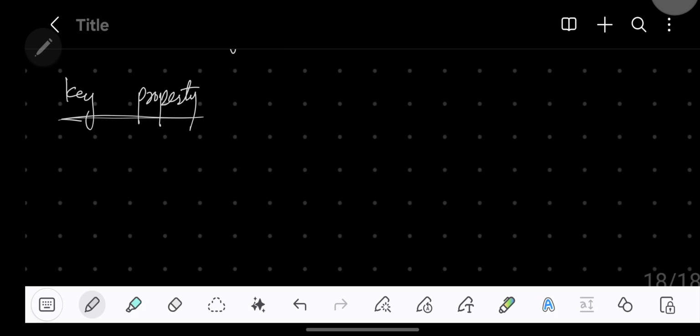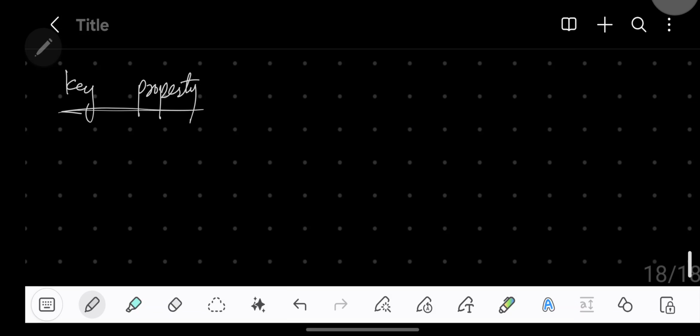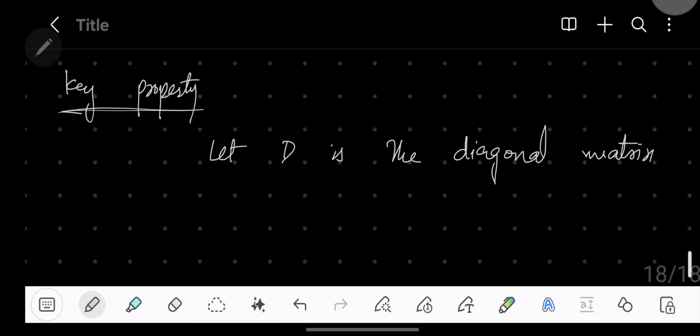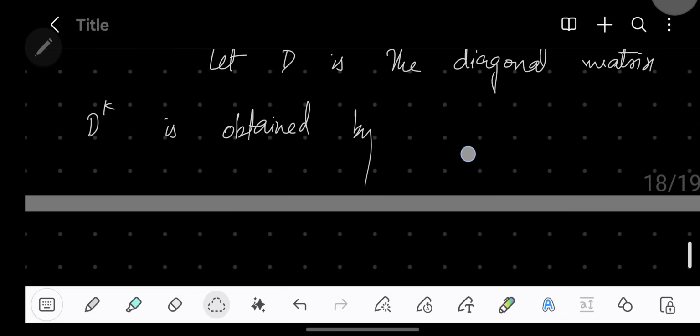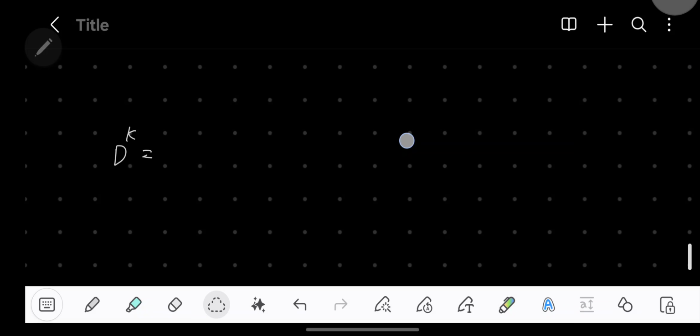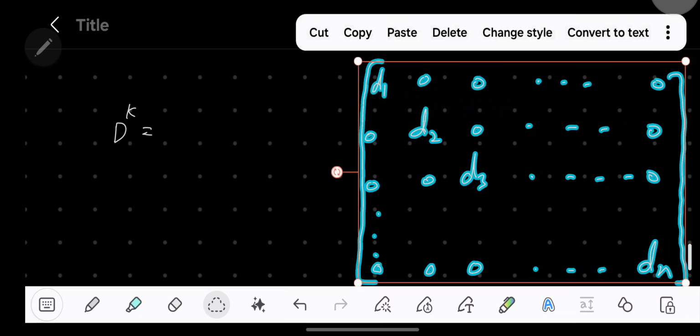So the diagonal matrices have a very nice key property. The key property is, if you have a diagonal matrix D, then any power k of D can be obtained in this way.